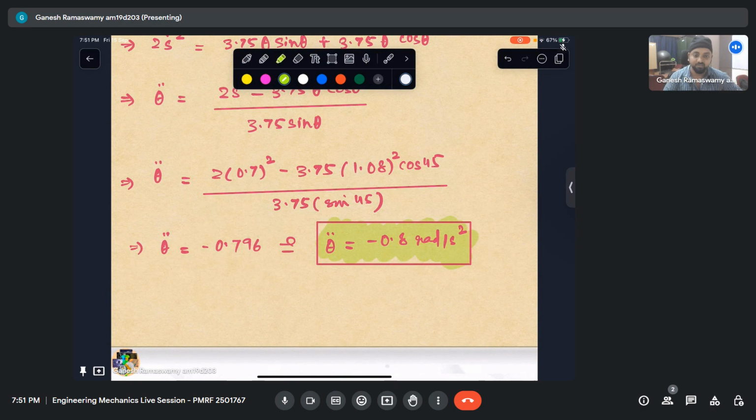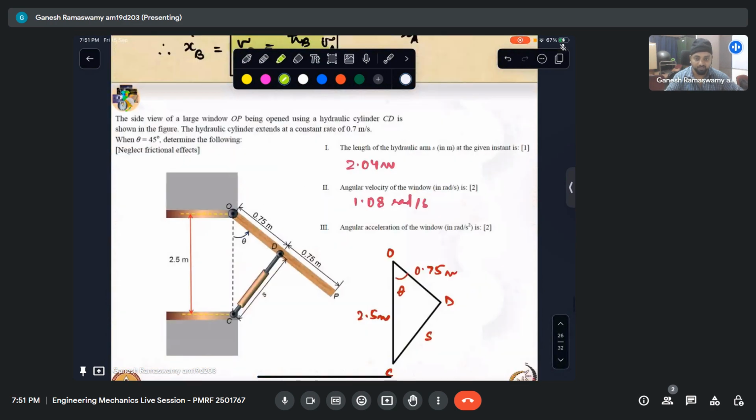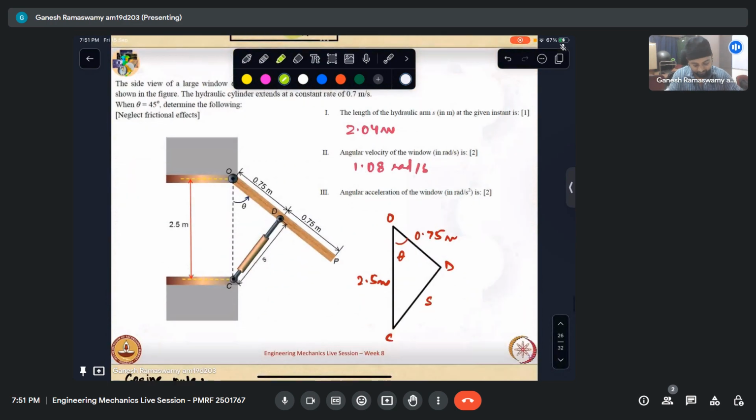Velocity can be guessed, but acceleration is not an intuitive thing to write. If velocity is positive, it need not be that acceleration also is positive. Naturally, this tells us that as s is increasing, the window has angular velocity, but this angular velocity is slowing down with time.